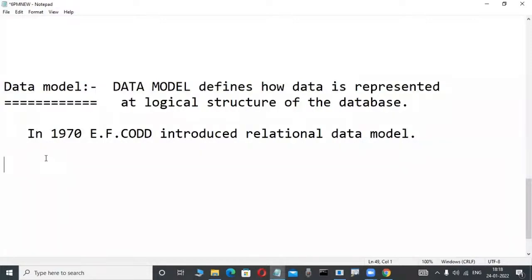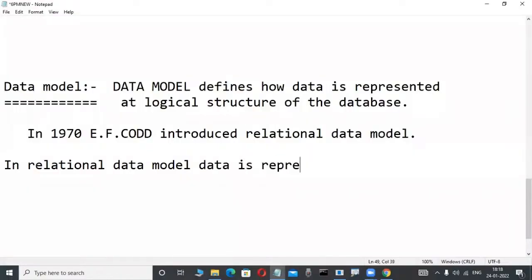Observe it here: in the relational data model, data is represented in two-dimensional tables, in the format of rows and columns.